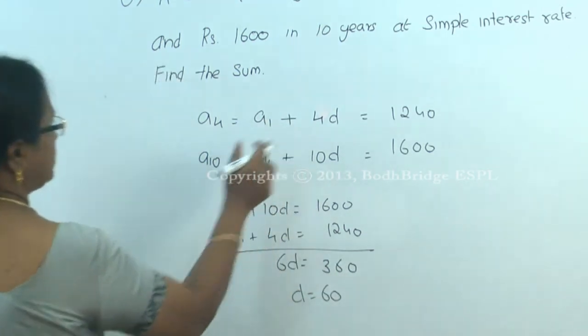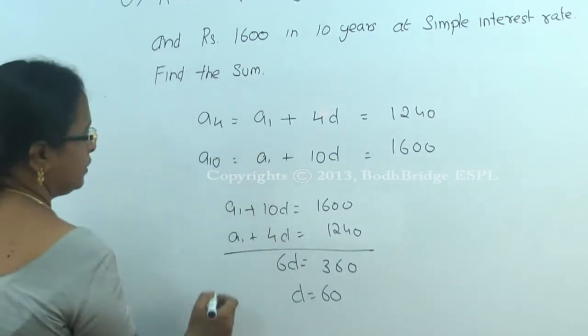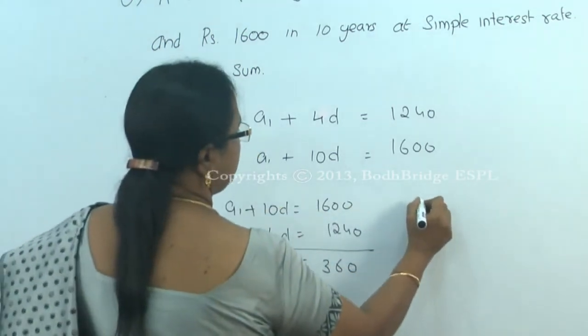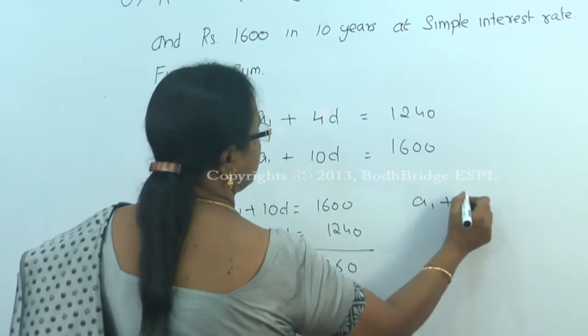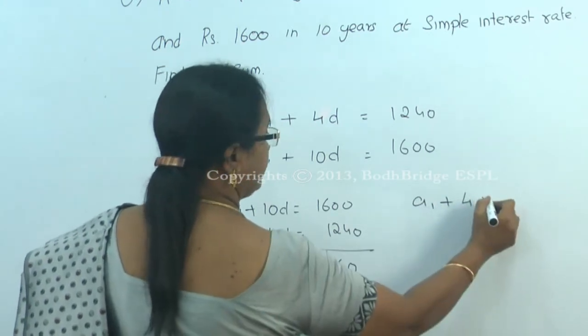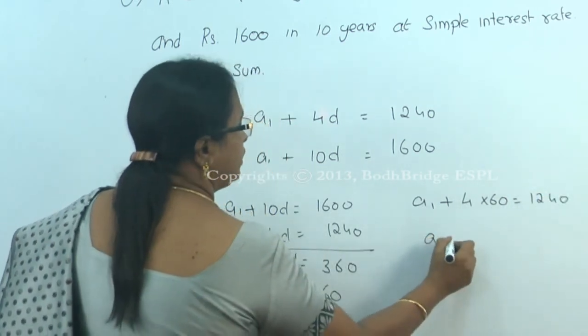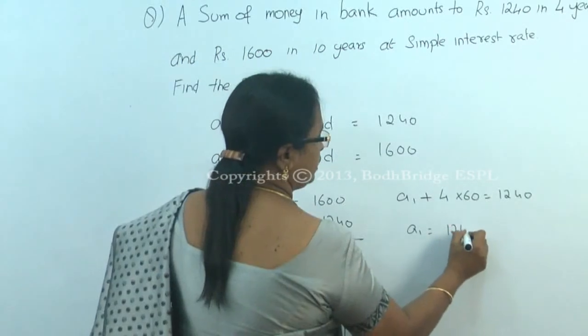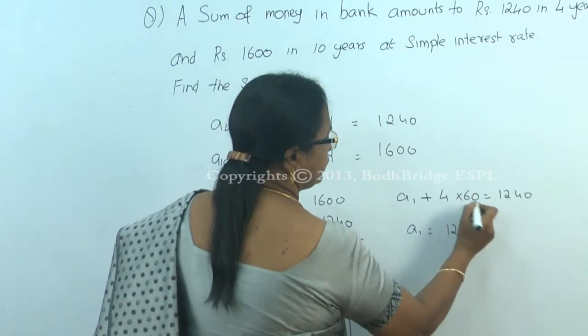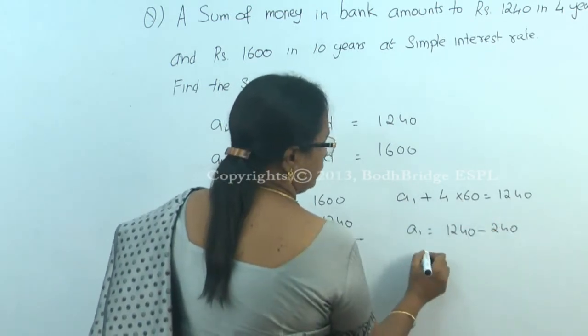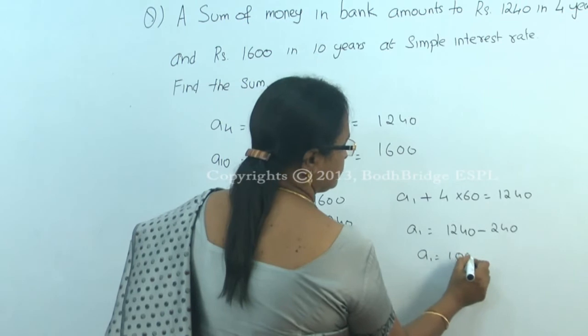When you substitute this D in one of these equations, let us take the first one: a1 plus 4 times D, and D is 60, equals 1240, or a1 equals 1240 minus 2 into 60 is 240, or a1 equals 1000.